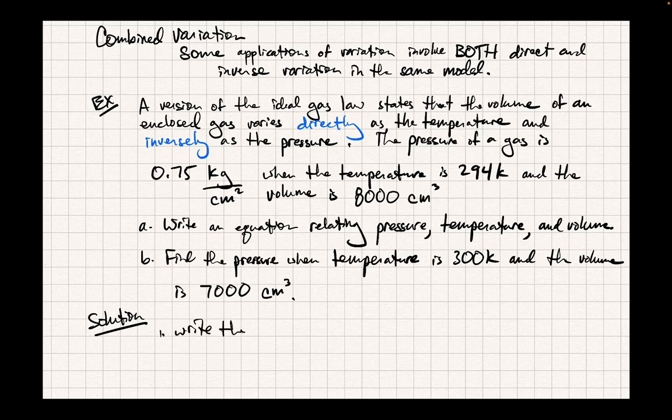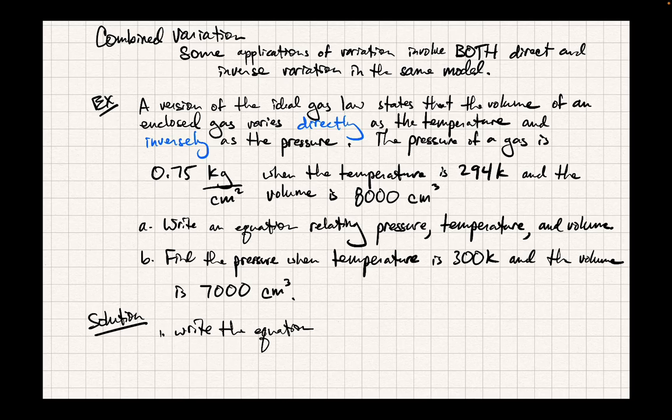Oh my gosh, it's all Kelvin. Direct and inverse variations of numbers. So what sort of equation of proportionality can I write for this sort of combined variation where I have both direct and inverse variation?